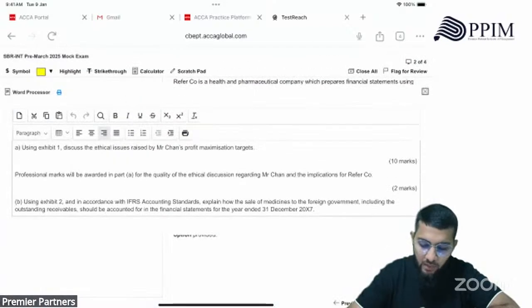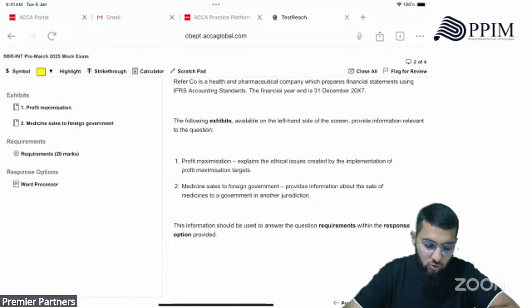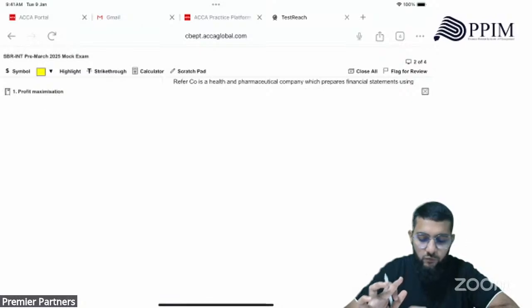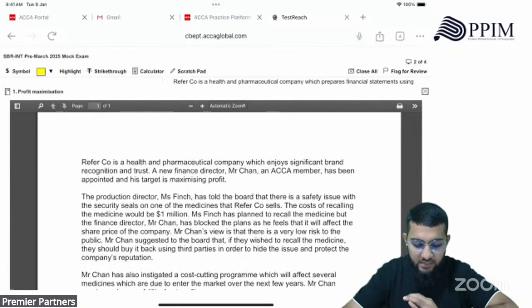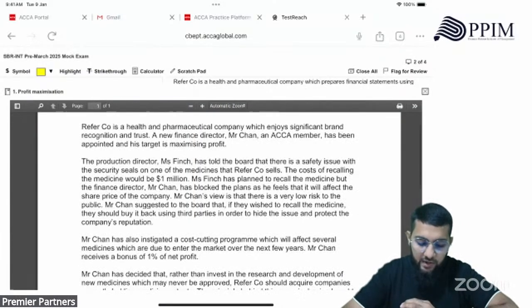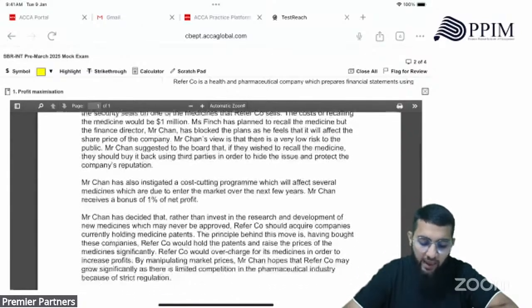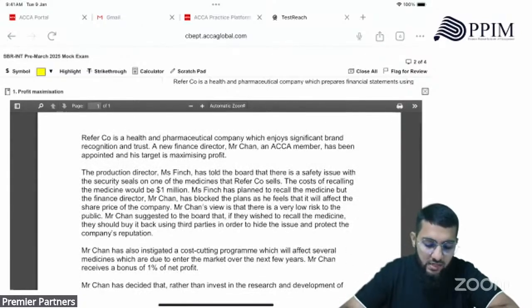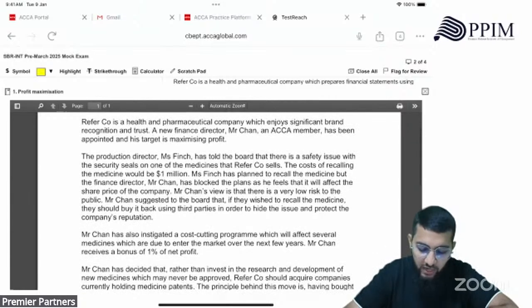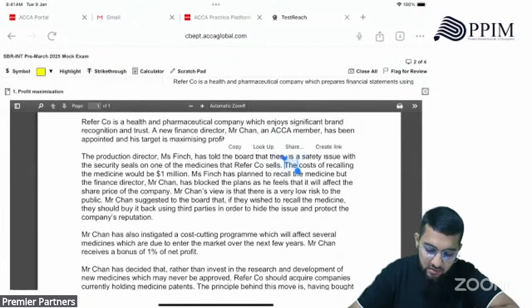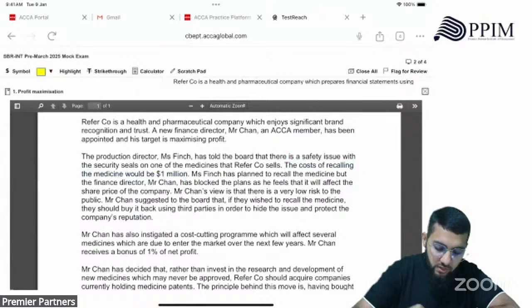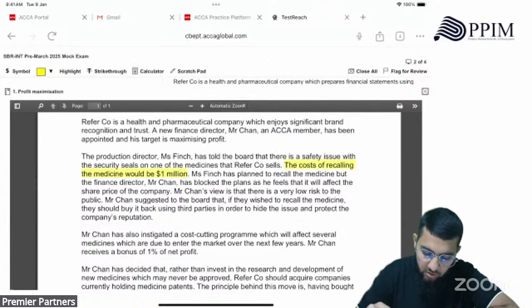All right. Okay, so again, I would suggest and highly encourage that you all use this entire practice platform and always use the highlight feature that is given, right? When you want to highlight something. For example, if you want to highlight multiple issues, you can highlight issue number 1 with yellow, then issue number 2, right?